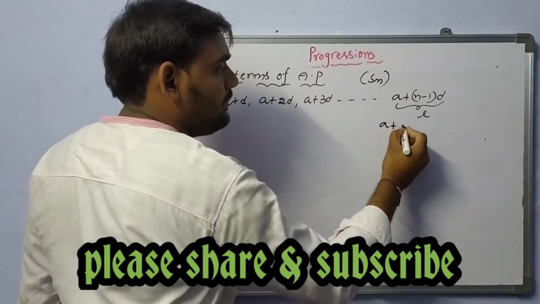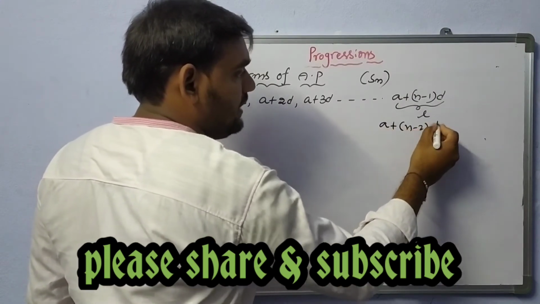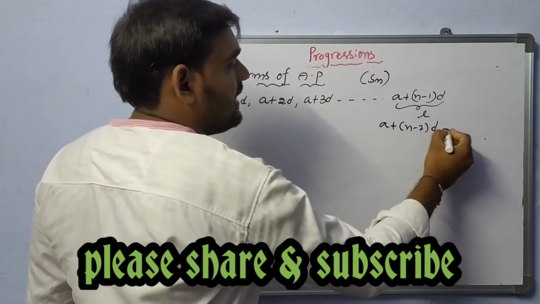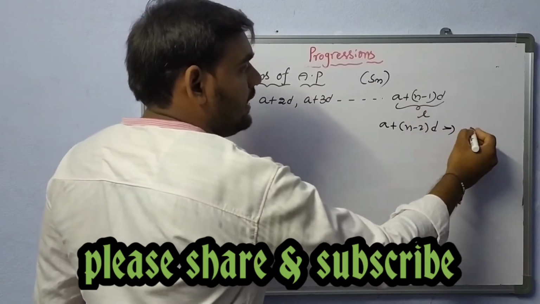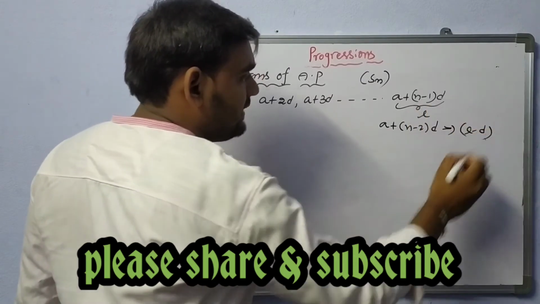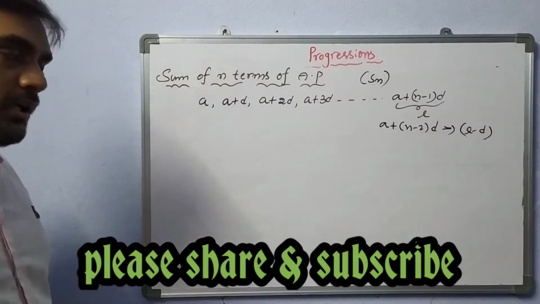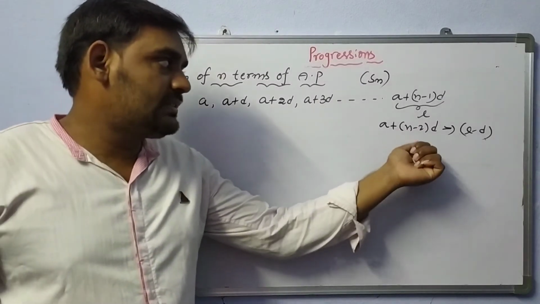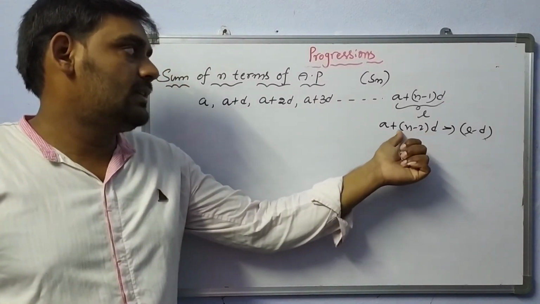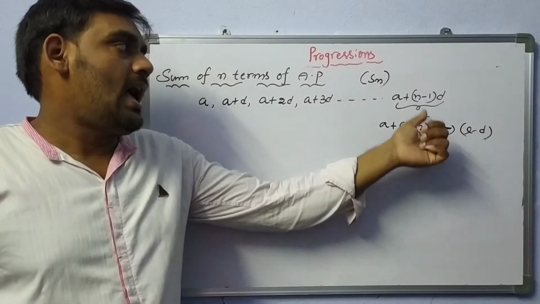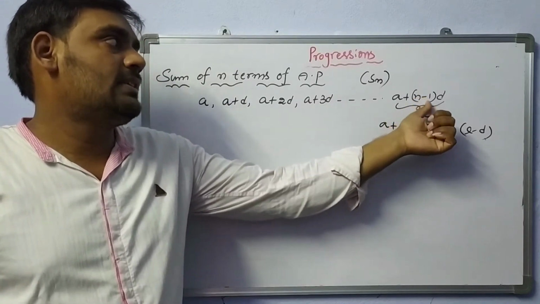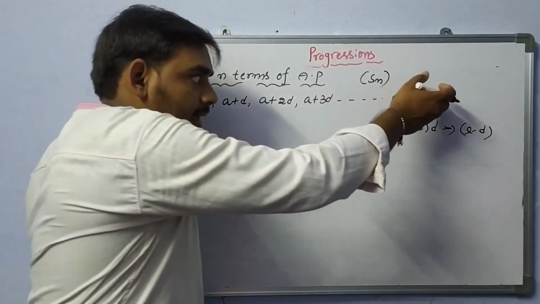We will get A plus n minus 2 into D. So this can also be written as, when we take last term L, L minus D. You may have the doubt, sir, how did we get A plus n minus 2 into D as the preceding term of A plus n minus 1 into D? So this is the nth term.